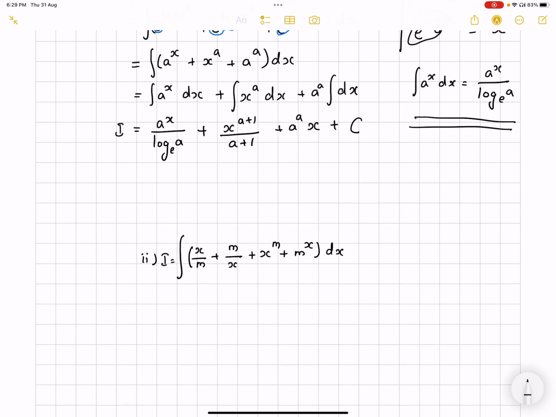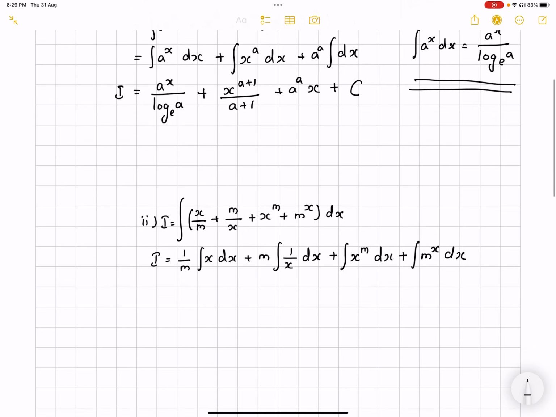So let's start with this. First, let me take out the constants, and then I have integral x dx plus m into integral 1 by x dx plus integral x raised to the power m dx plus integral m raised to the power x dx.